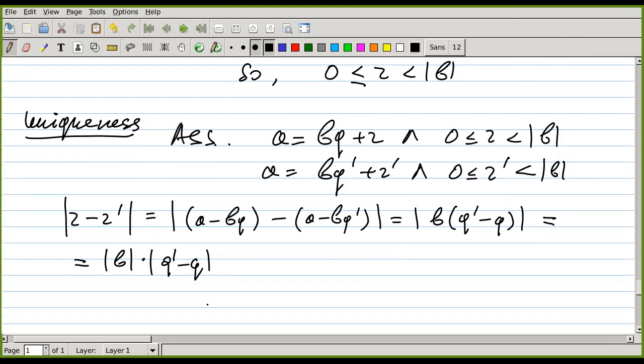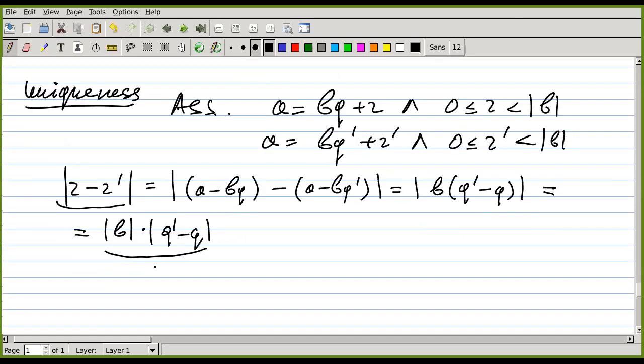Yes, quite obvious. You can check. So we see that the absolute value of the difference between the remainders is the difference between the quotients multiplied by the absolute value of B.